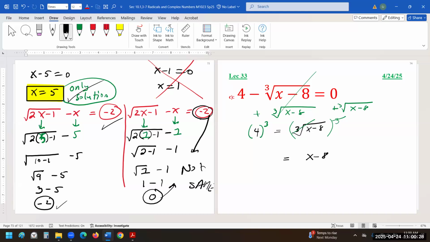And what is 4 cubed? 4 times 4 times 4. 64. What's next? What do we do to get the x? Add it. So we have x equals 64 plus 8. 72.